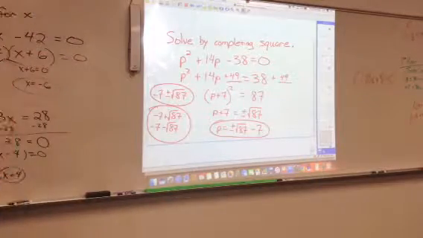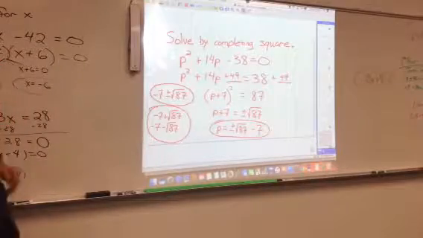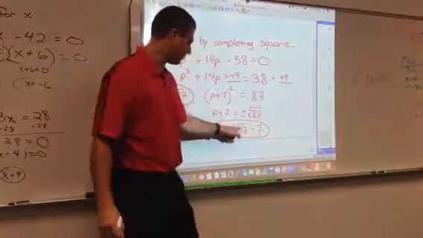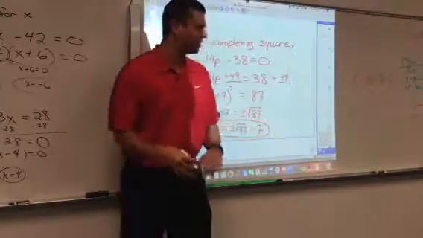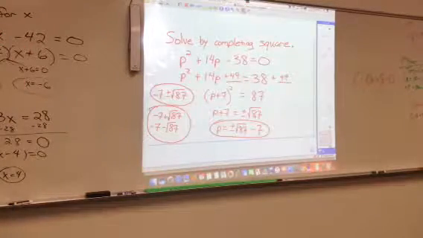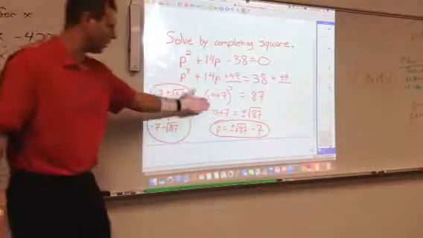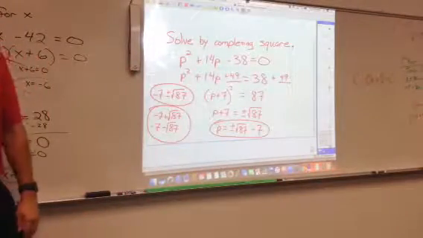If you like seeing two separate answers, write them as two separate answers. Positive square root of 87 minus 7, negative square root of 87 minus 7. I don't care how you write your two answers. All of them are perfectly fine, whatever makes most sense to you. Personally, this is the way I solve the problem, so I'm just going to circle them when I'm done right there.